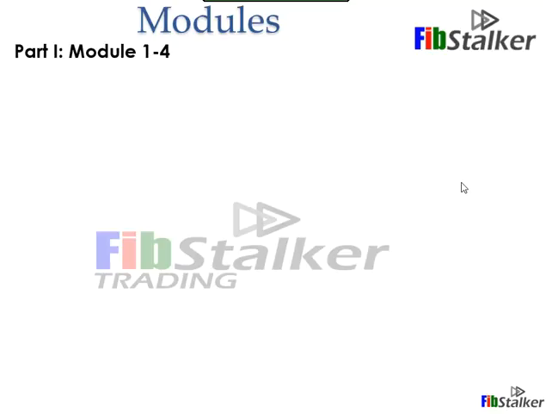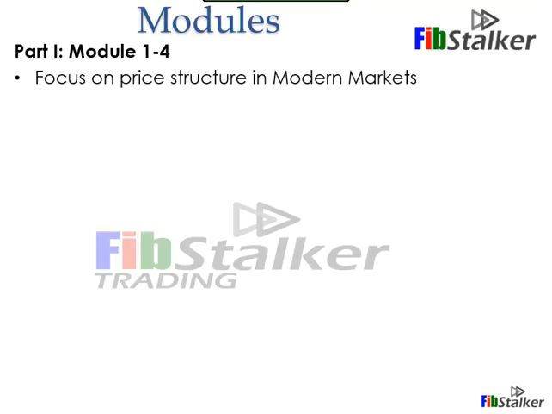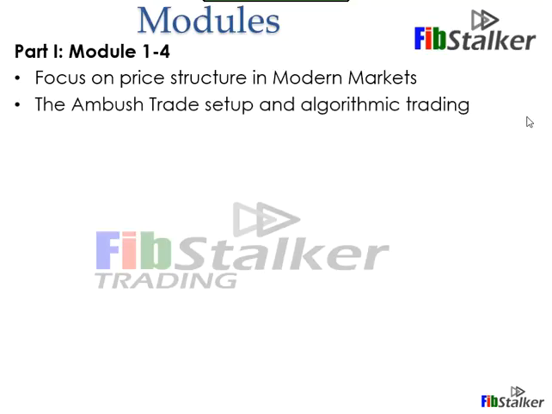So there are two groups of modules. The core modules are 8 core modules. In the first part, modules 1 to 4, we focus on price structure in modern market. When I say price structure, again, it's the way algorithms are positioned in the market. I'll give you the ambush trade setup and algorithmic trading as well.